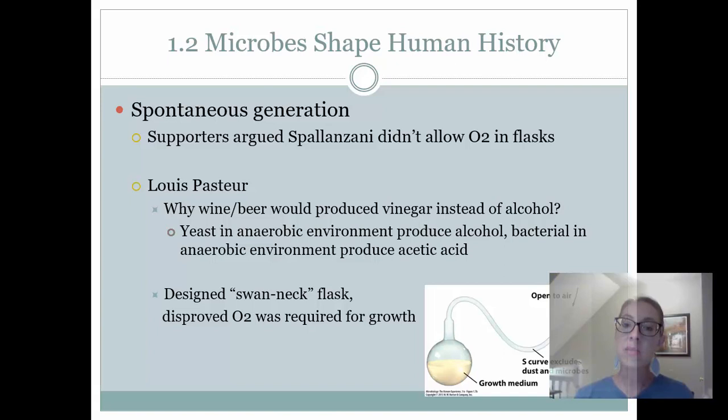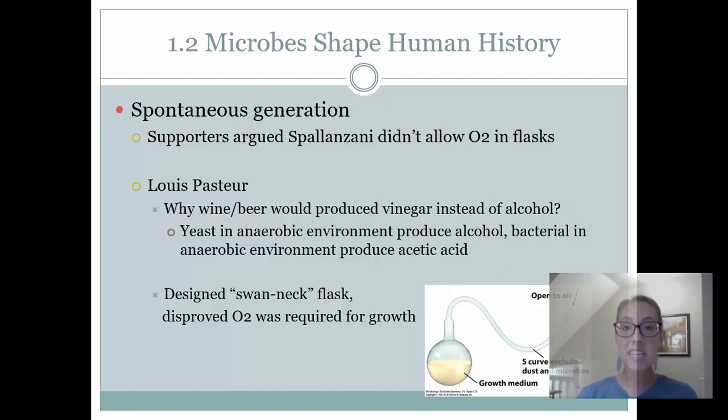The organisms that metabolize the sugar and convert it to alcohol are yeast. So these are eukaryotic, single-celled yeast, fungal organisms. And in that anaerobic, oxygen-free environment, their metabolic processes produce alcohol as a byproduct.